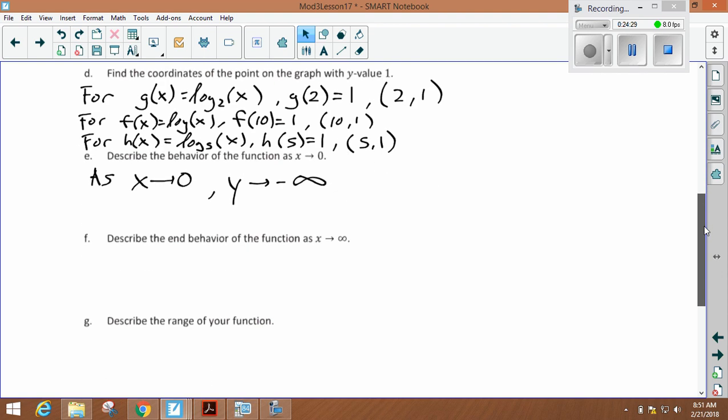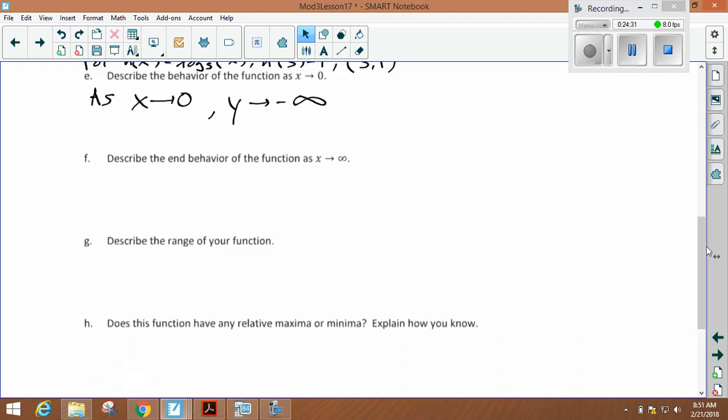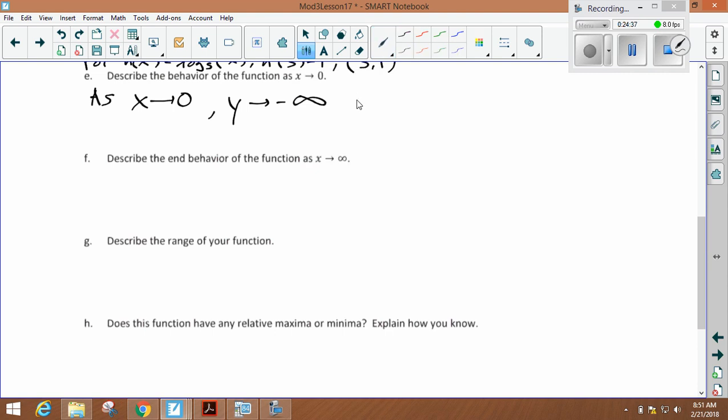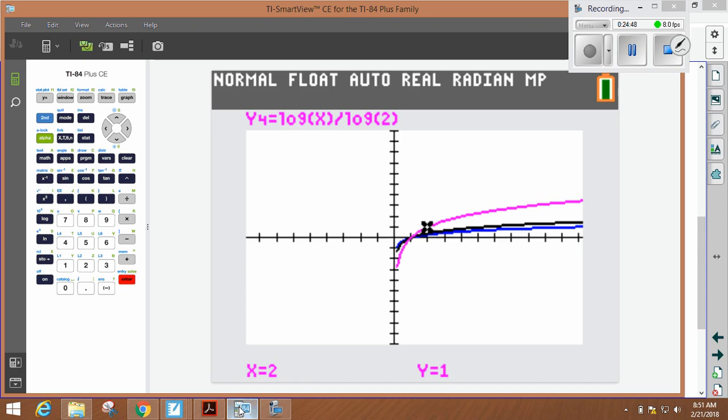We're doing so much new stuff. New vocabulary, old vocabulary that we haven't seen in a while. All right, as x approaches infinity, what happens to y? It looks like y is going to approach positive infinity, right? Let's look at our graph here. Is there ever a point where this stops increasing?